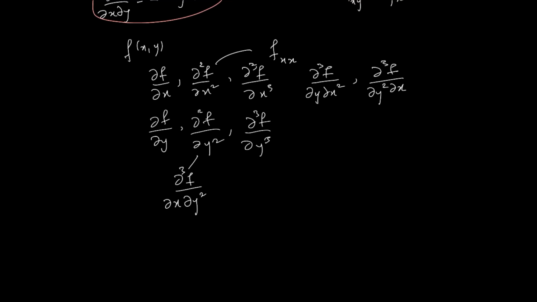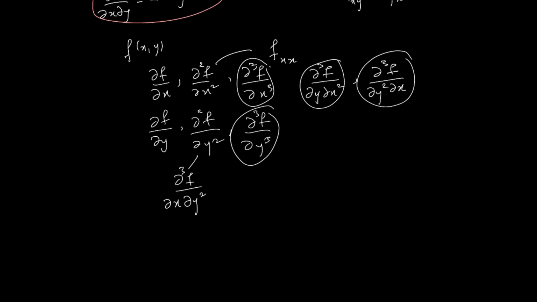So that's an option as well. This way you can see that several different types of third derivatives can be achieved. Here's one of them, here's another one, and yet another one over here. This is something you need to keep in mind when you're calculating higher order derivatives.